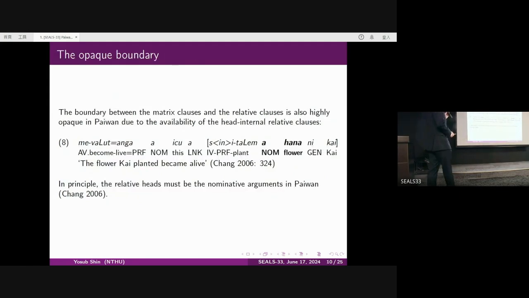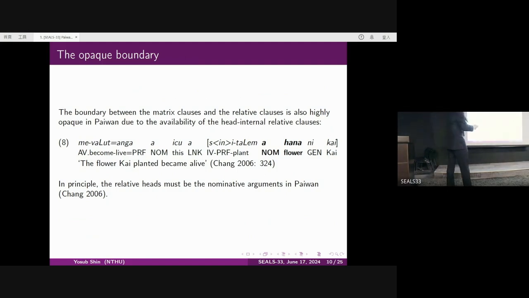And we can also see quite an interesting pattern about the relative clause and the matrix clause in Paiwan. Simply put, in Paiwan, we can directly use matrix clauses as some kinds of heavy internal relative clauses, as we can see in example number 8. This bracketed embedded clause is actually a relative clause whose head is embedded within the relative clause. But if we crop this relative clause out of this sentence, then it can just stand alone as a matrix clause.